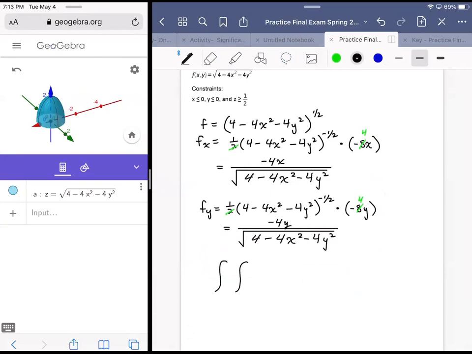Now the constraints for x and y, and also z, it's saying it's above 1/2 for z, right? So we got a bit of an issue there. Really not a terrible issue, but it's something that needs to be accounted for, right?